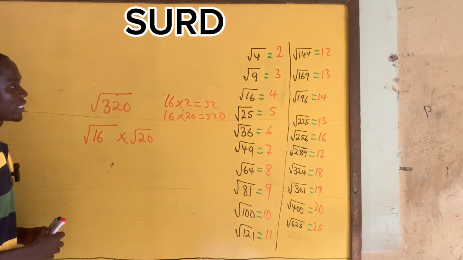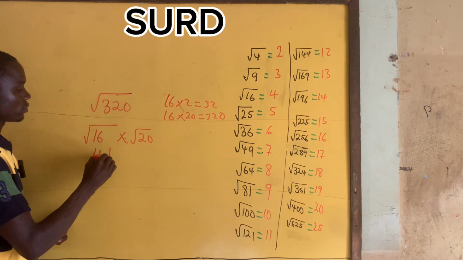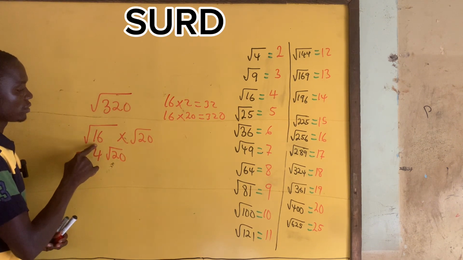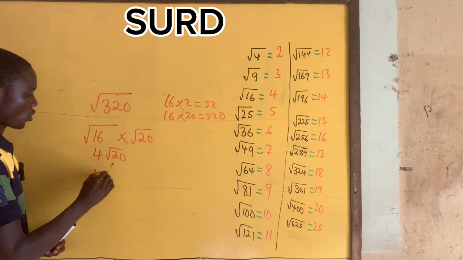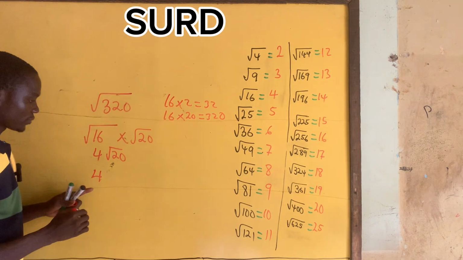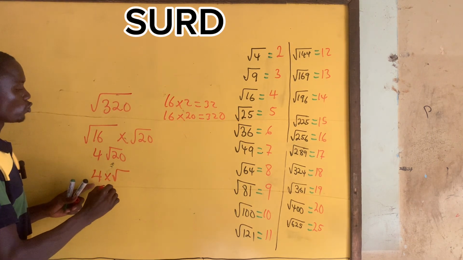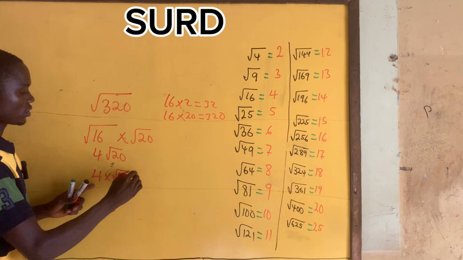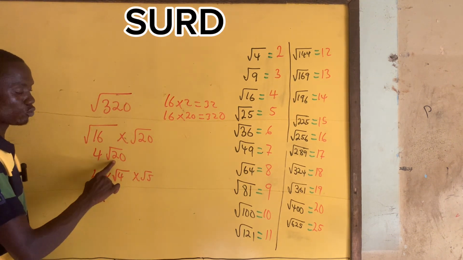Okay, so this is 4 root 20. Root 16 is 4. Then we have 4 times root 4 times root 5, because root 4 times root 5 gives you root 20.